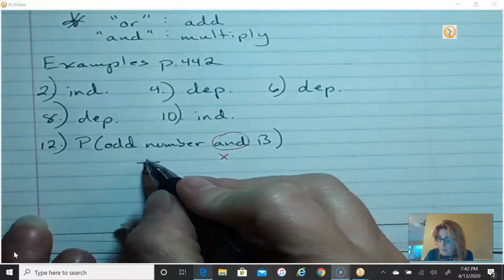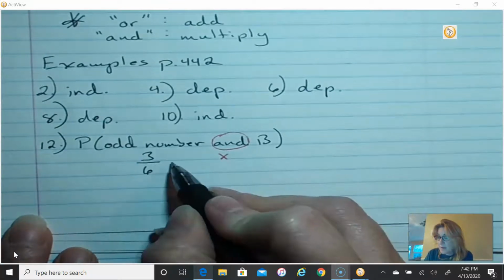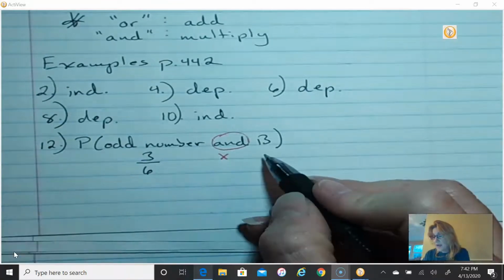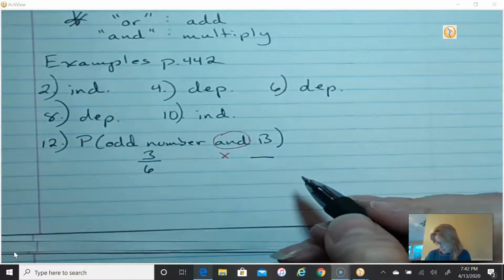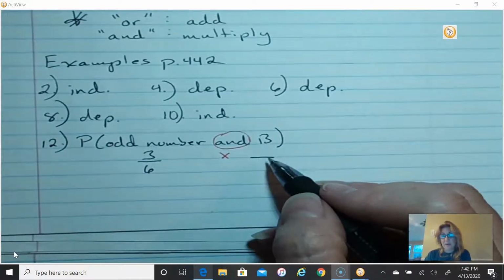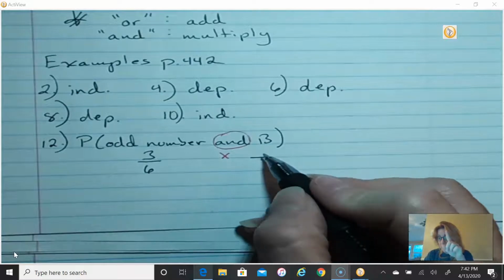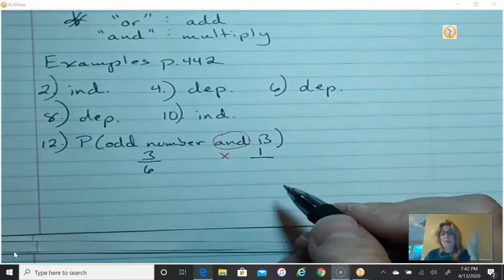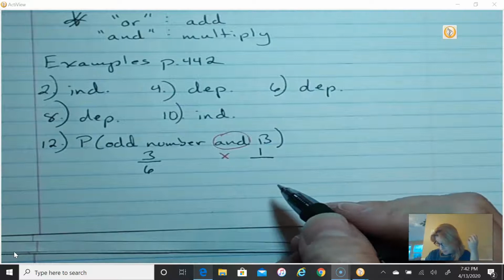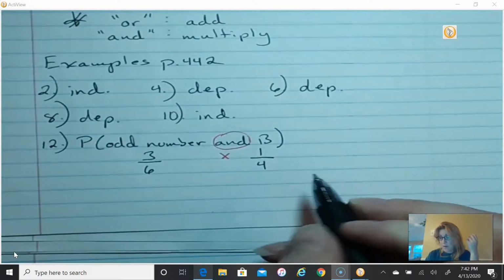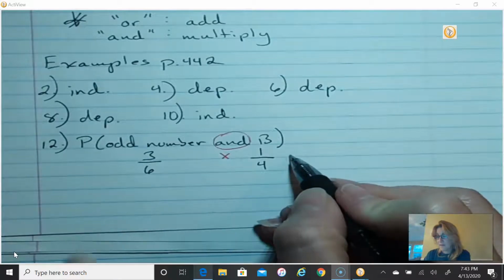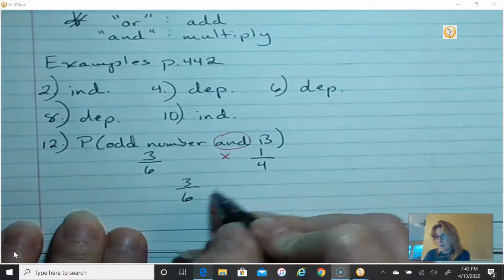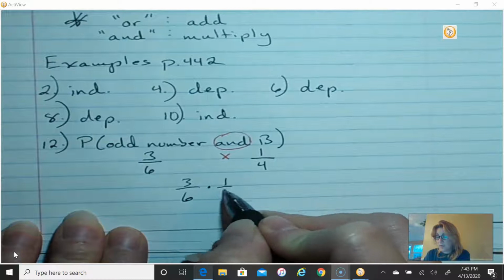So there's 3 of them. And means multiply. How many B's are there in the second spinner? There's 1 B in the second spinner. How many total sections are there though? 4. So it's 3/6 times 1/4.